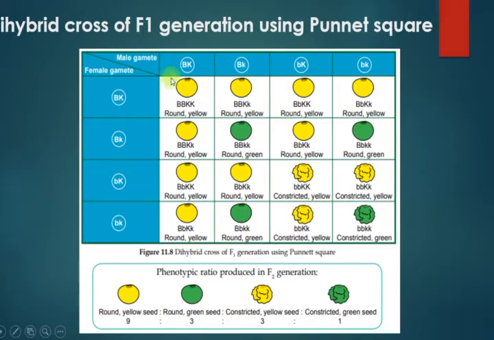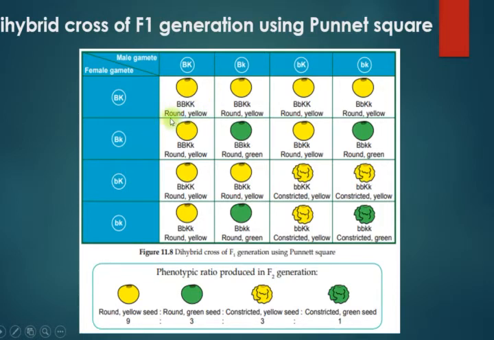So we go to the Punnett square here. The fertilization between the gamete of big B, big K and also big B, big K will produce big B, big B, big K, big K. That refers to the round and yellow seed.